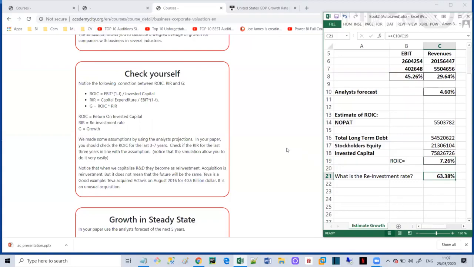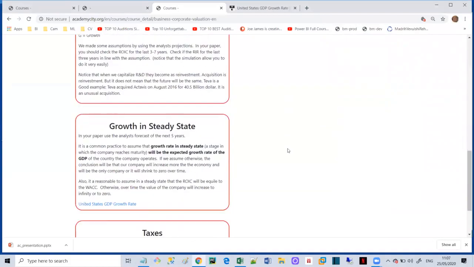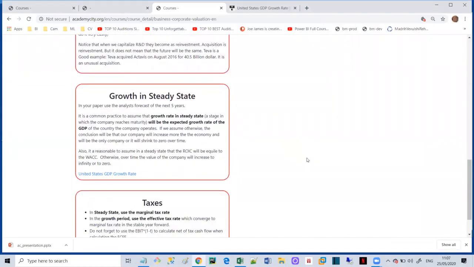Then we talked about the long term. Which assumption should I use for the growth rate in the long run? We said the one that makes sense is more or less the expected growth rate for the GDP, because any other number means this company is going to grow to such a size relative to the whole economy that it becomes the only company in the world.